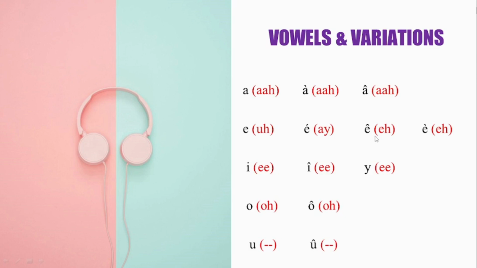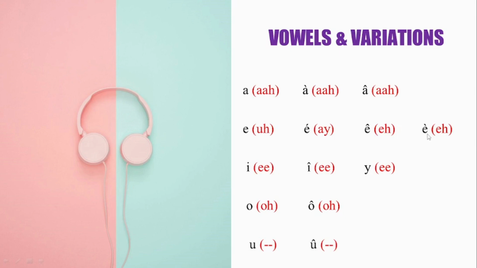And I think Jamaicans kind of say the same thing. It's that eh pronunciation, which can also be found in English words like bet. You hear the eh sound in the word bet.